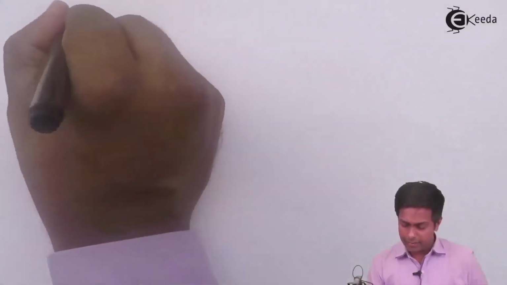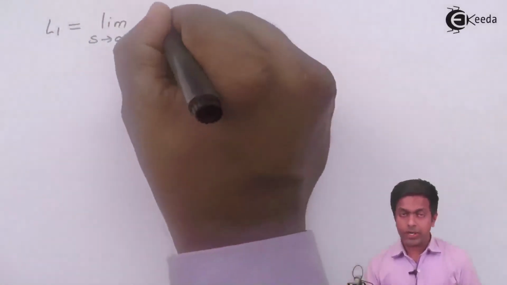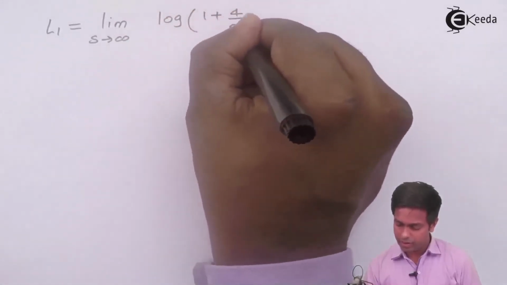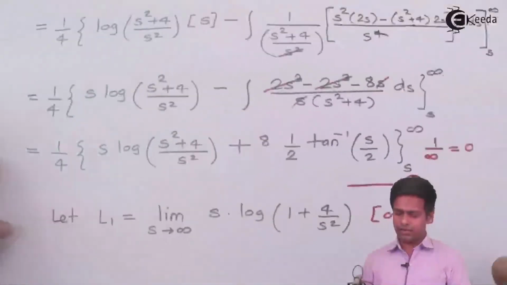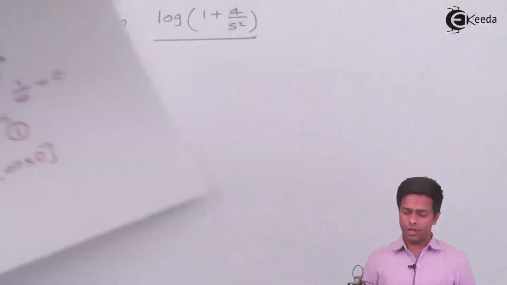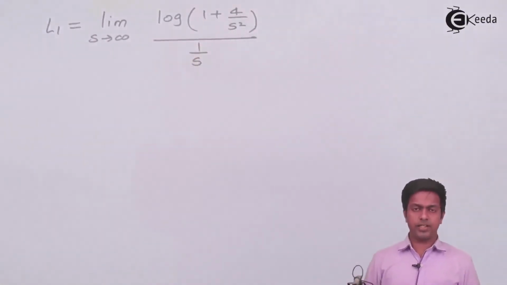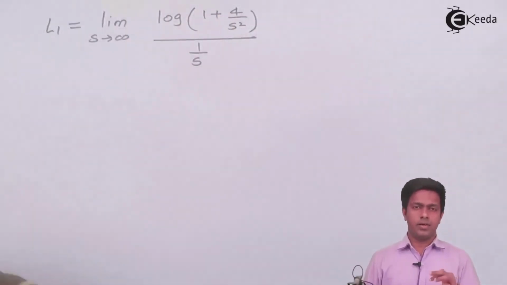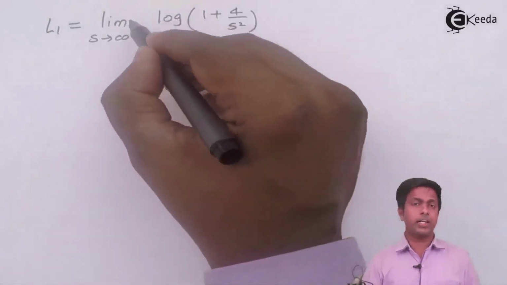L1 will be limit s tends to infinity, numerator is log of 1 plus 4 upon s square, and I'll take this s to the denominator, so that will become 1 upon s. You have to do the adjustment in such a way that if you take this s in the numerator back, you get the previous step.